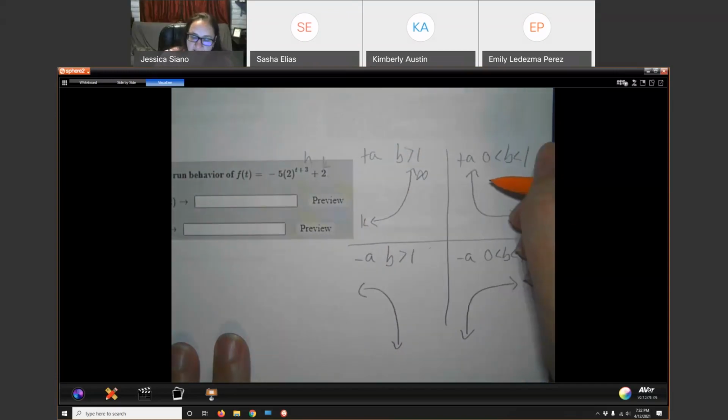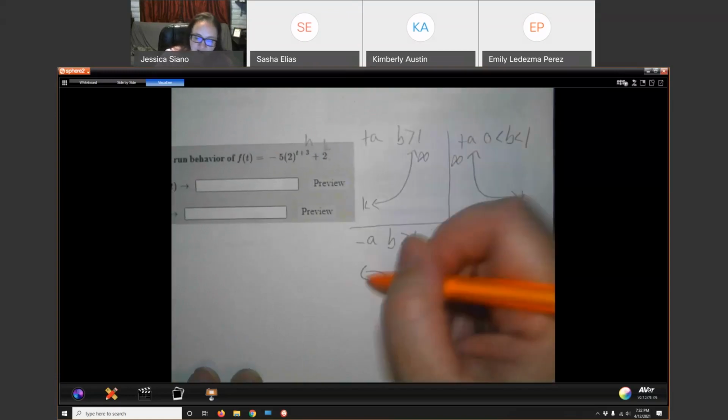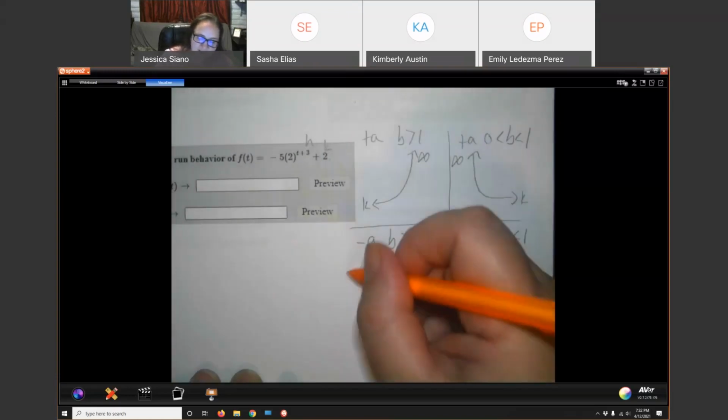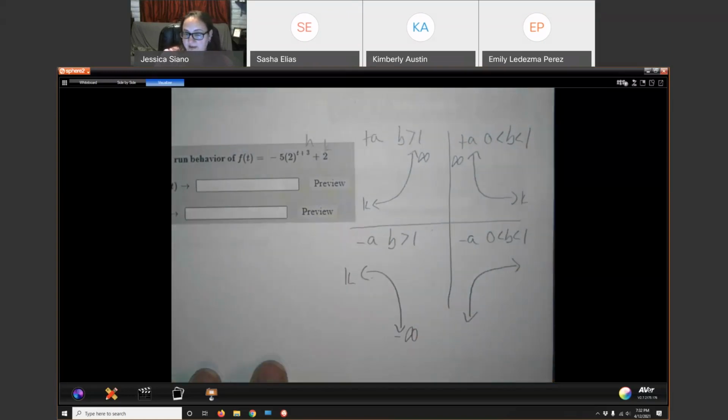Here, your left hand is infinity and your right hand is k. And here your left hand is k again, but your right hand is negative infinity. And here it's negative infinity on the left and k on the right.